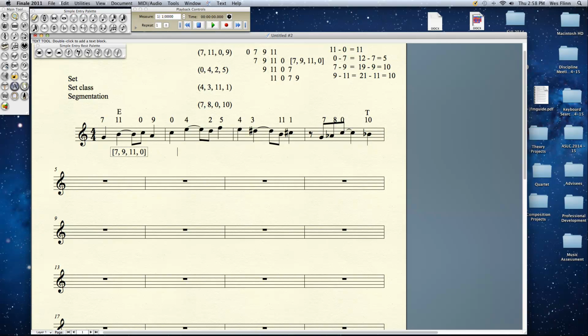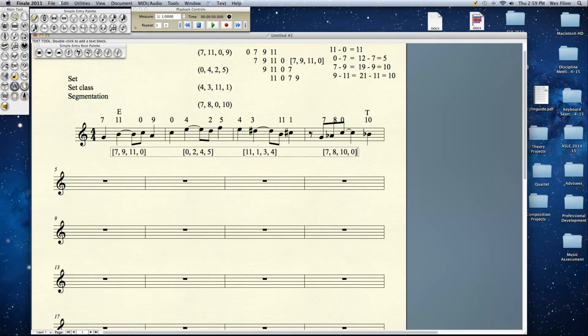For this next one, normal order actually would be 0, 2, 4, 5. Normal order for this one would be 11, 1, 3, 4. And do the math, see why this works out. And the normal order for this last one is 7, 8, 10, 0.